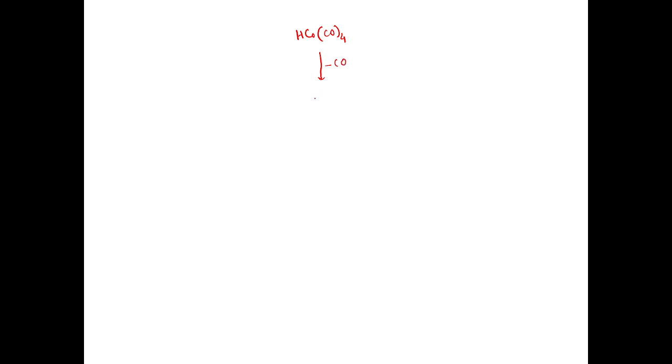So the CO will be out, and you will get this. After the ligand dissociation, the first thing that happens is olefin coordination. So if you write down the olefin, the structure was like this.